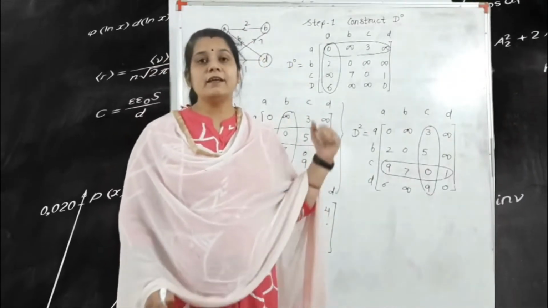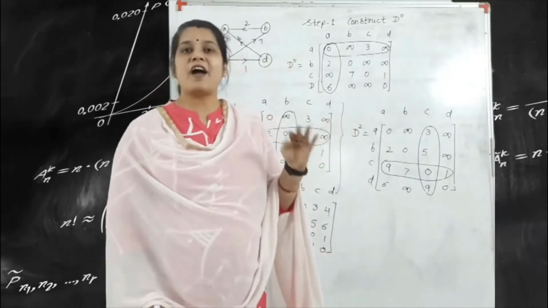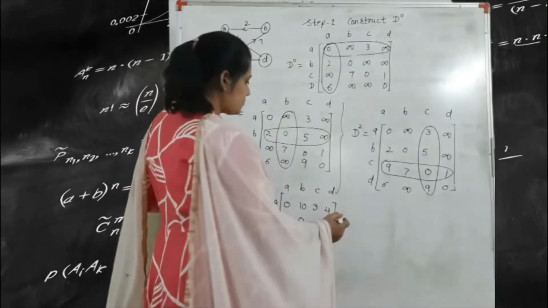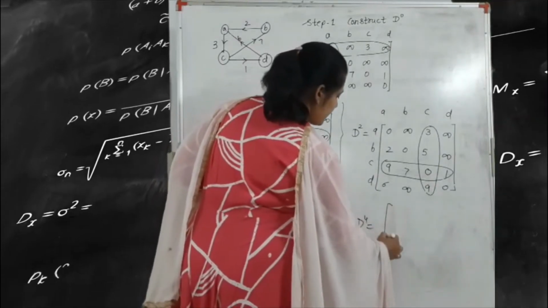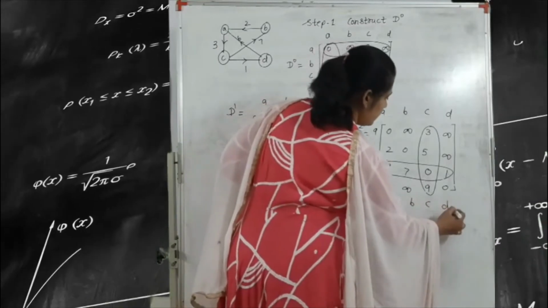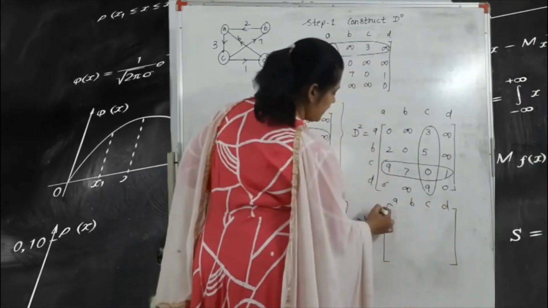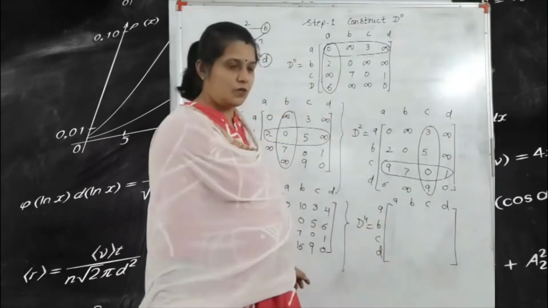Okay, but according to your graph, we have 4 vertices. So you find the D4. Next one is for finding the D4. Again, we write here A, B, C, D, and here we write A, B, C, and D. Got it?